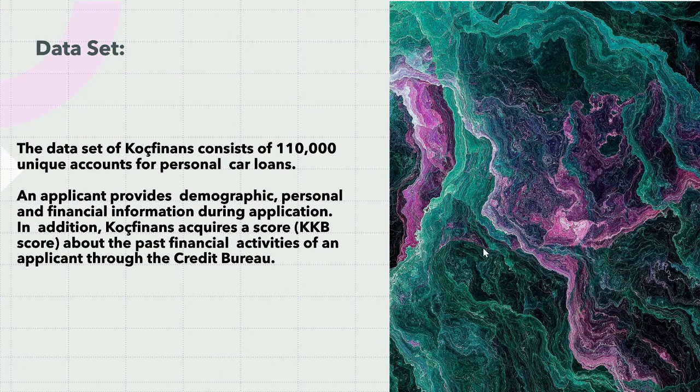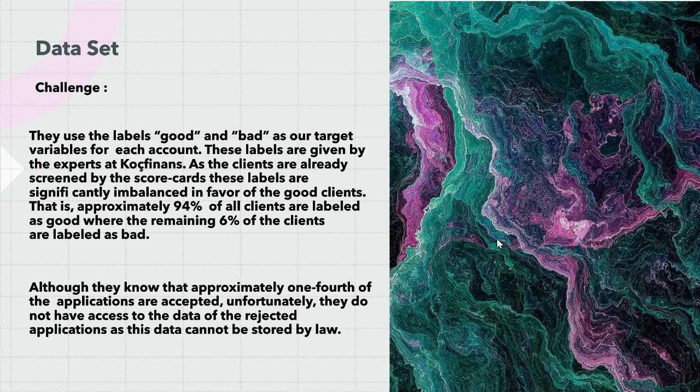For each applicant, it provides demographic, personal and financial information during each application. In addition, the company also acquires a score called the KKB score, which stands for the past financial activities of a customer through another company. And the challenge of this dataset, I think, is that they use the labels good and bad as their target variables for each account.